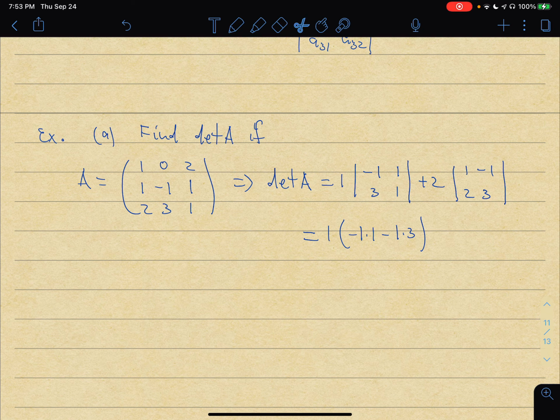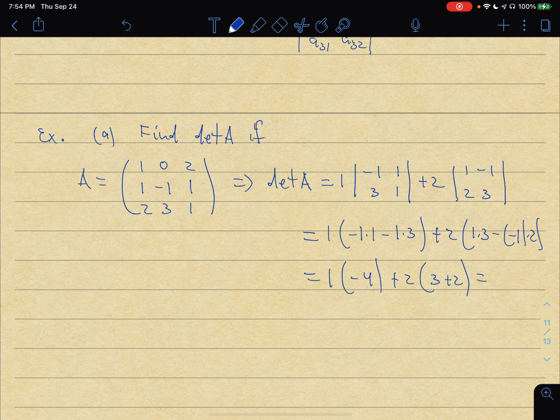That's a 2 by 2 determinant here, plus 2 times 1 times 3, second determinant, minus 1 times 2. And so this should be 1 times minus 1 minus 3 minus 4, plus 2 times 3 plus 2. So 2 times 5 is 10 minus 4, 6. So this determinant is going to be 6.